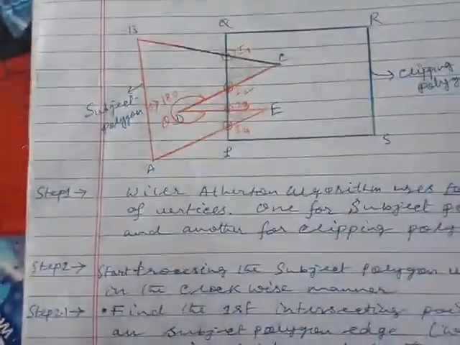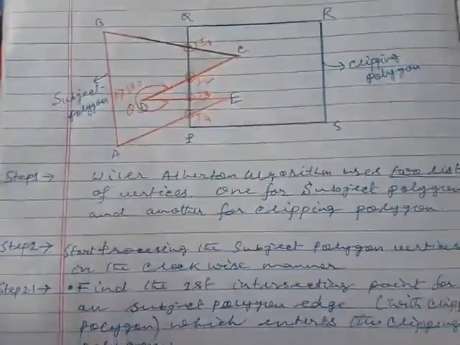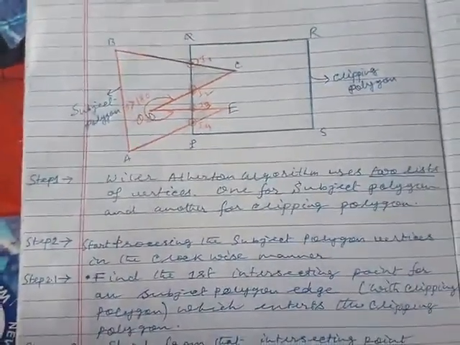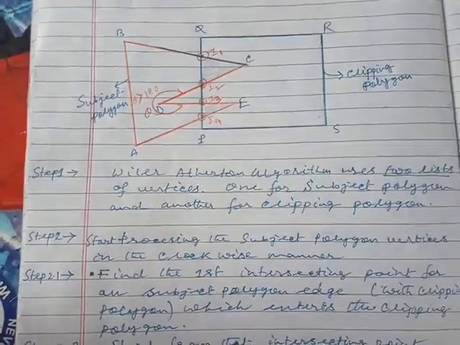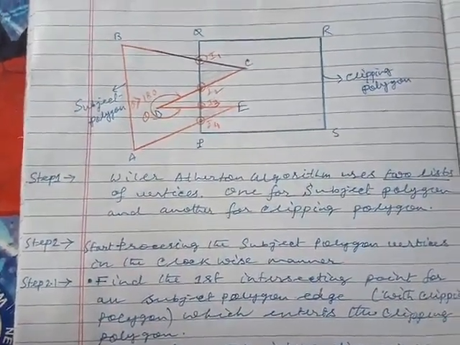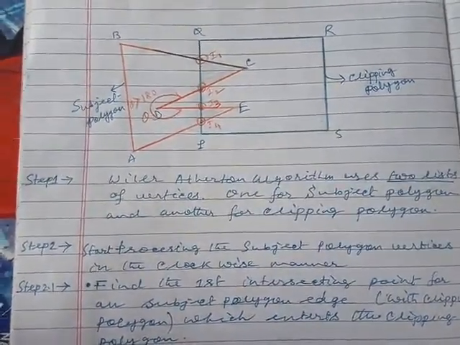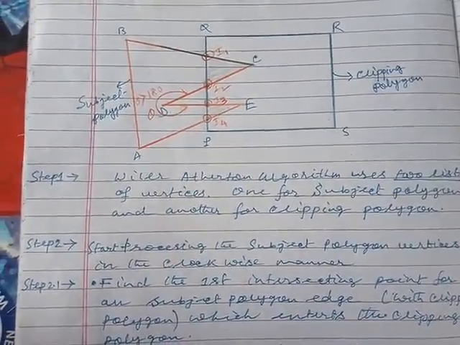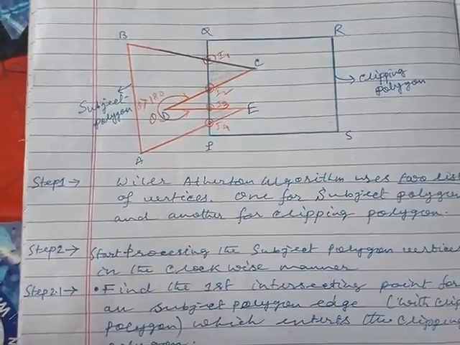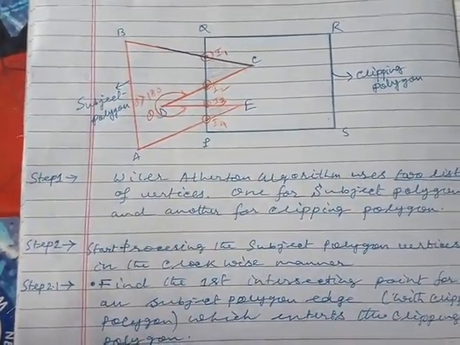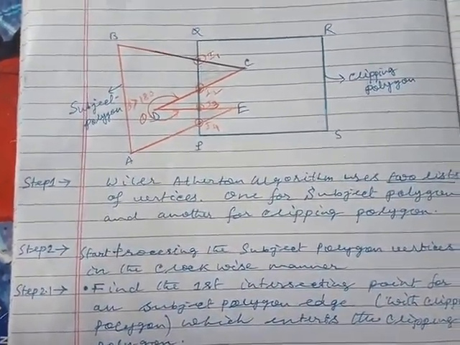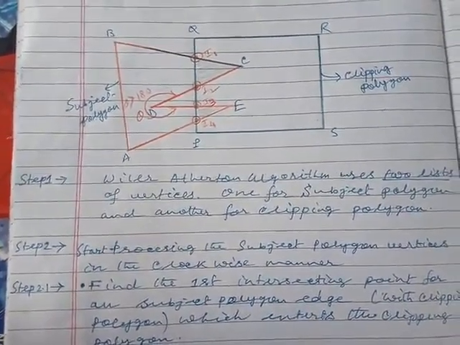Now, the algorithm works as follows. First, the Weiler-Atherton algorithm uses two lists of vertices. One list is used for the subject polygon and another is used for the clipping polygon. So, how is the subject polygon list generated?